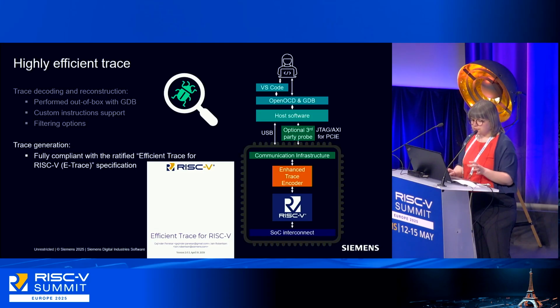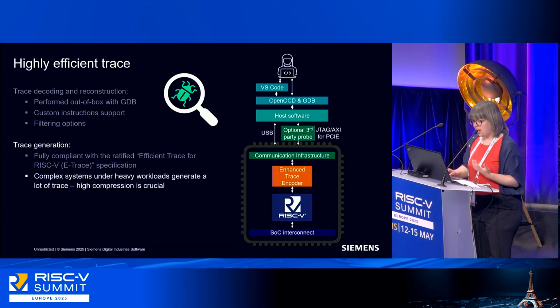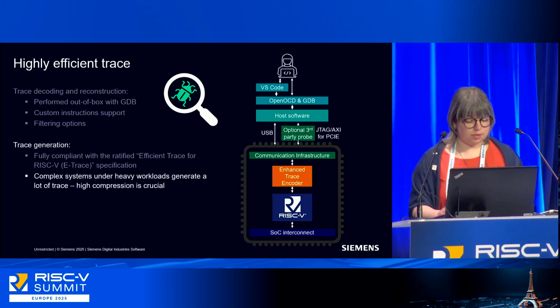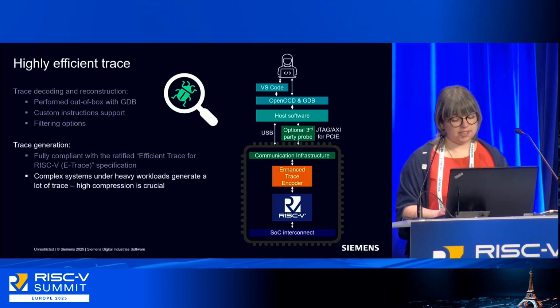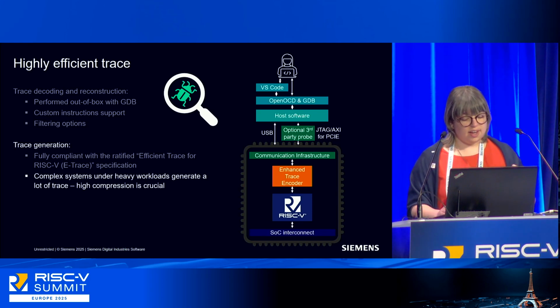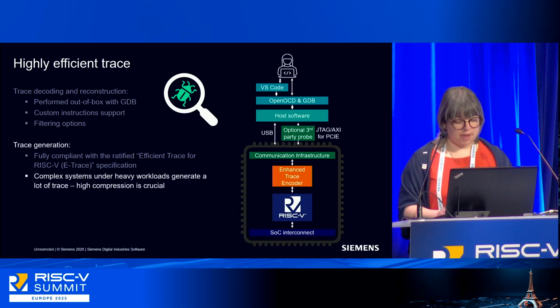Despite the bandwidth improvements offered by our filtering options, there's no way of getting away from the fact that very large and high-performance systems will just generate a lot of trace. Efficiency is therefore crucial for such systems, so we took the eTrace specification a step further with our Enhanced Trace Encoder hardware, encoding trace in a highly compressed manner.